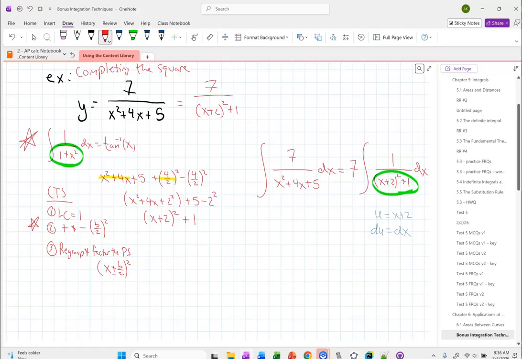So the b here is 4, the linear term. So I added 4 over 2 squared and then subtracted right after, because that means I'm doing really nothing at all. All I'm doing is finding a new way to write that, because whatever I added, I took away right afterwards, so it's the same as doing nothing. It just makes it look different, which will enable me to factor cleanly.